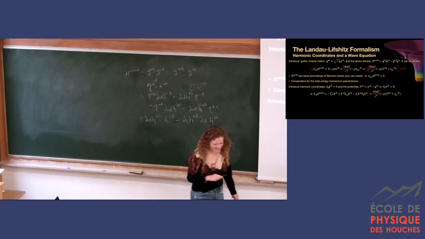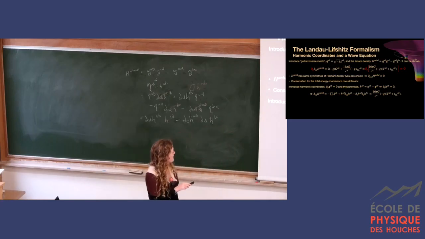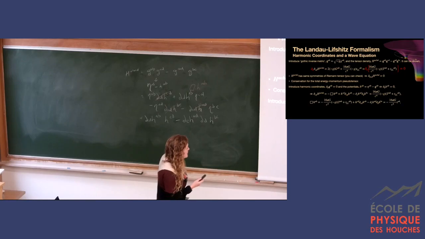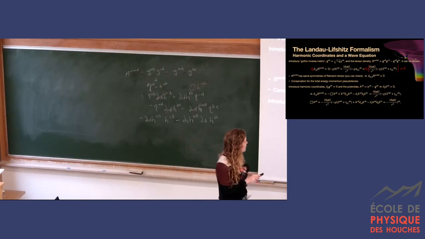Okay, so that means we've rewritten the left-hand side like this. But I've also grabbed this down here. And then what we can just do is rearrange all this, right? So I throw my box over here, so now it's positive. I move this guy over here, so now it's negative. And these guys stay here. So this is just simple rearranging. And then we say, well, this is part of my H potential, and I'm just going to relabel it with something else that looks like a source term.